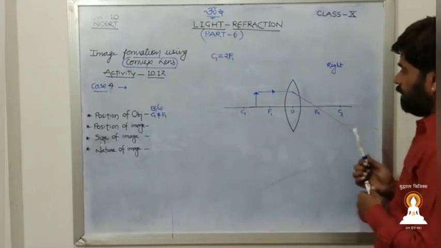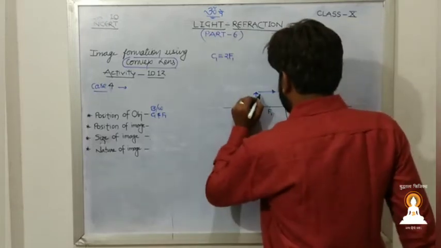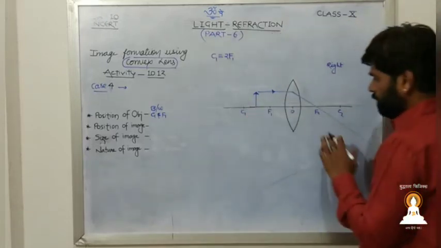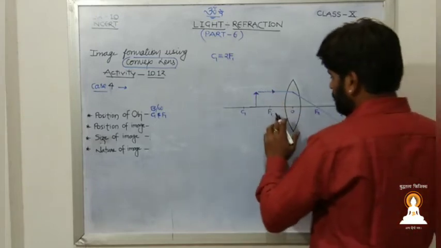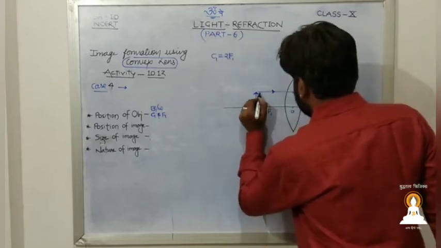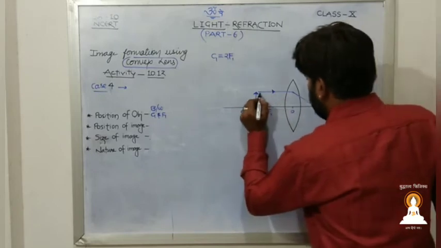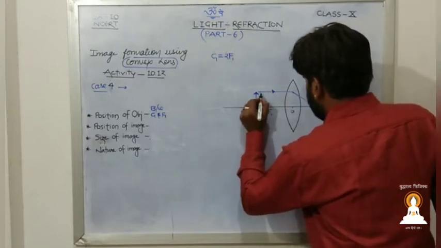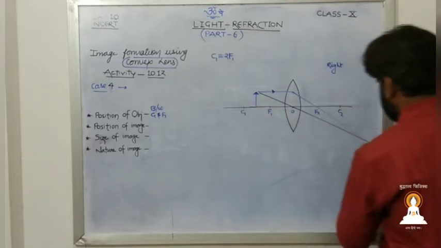Another ray, which I am going to draw with the black pen. You may apply any rule. If you want to apply the third rule, you may apply; if you want to apply the second rule, you may apply. So let us draw the third rule. In the third rule, the light ray which is passing through the optical center will go straight.